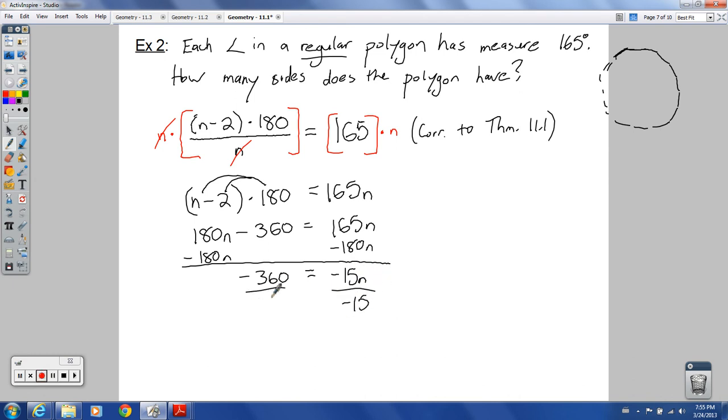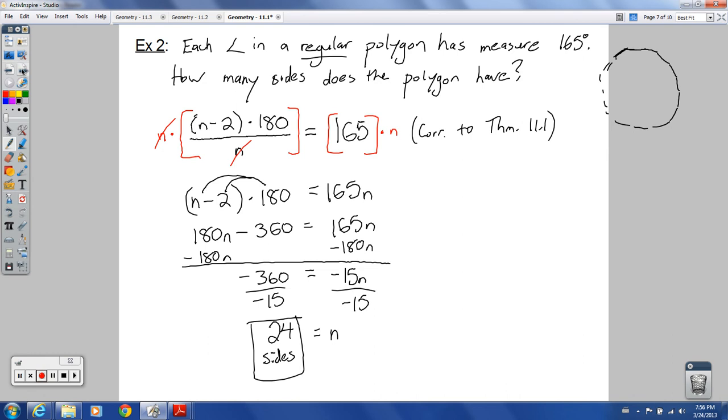We can divide both sides by negative 15 to find out that this polygon would actually have 24 sides to it. So this is a 24-sided polygon. So this picture is actually kind of close. I just kind of trailed off here because I didn't know exactly how many sides it had, but these angles were pretty wide open, and so we're going to have quite a few sides with something like that.